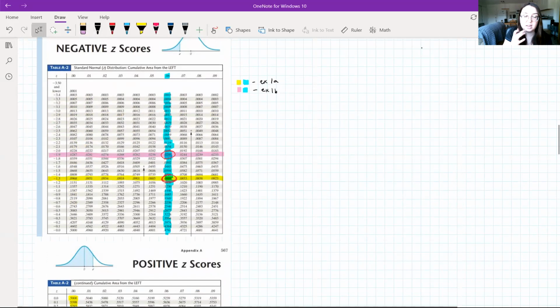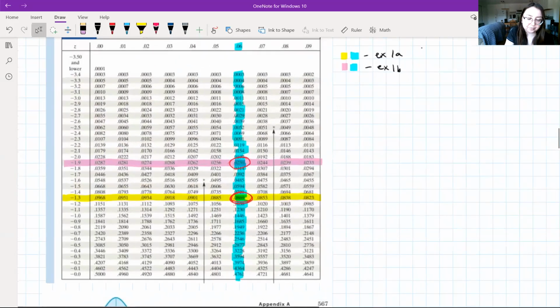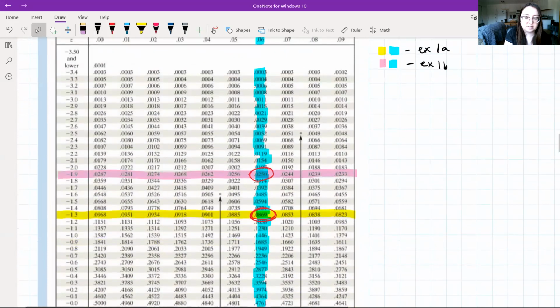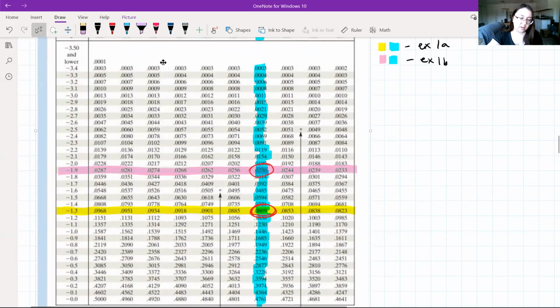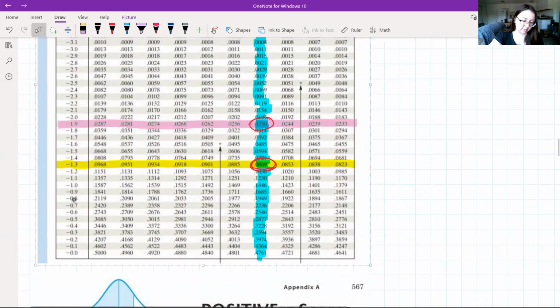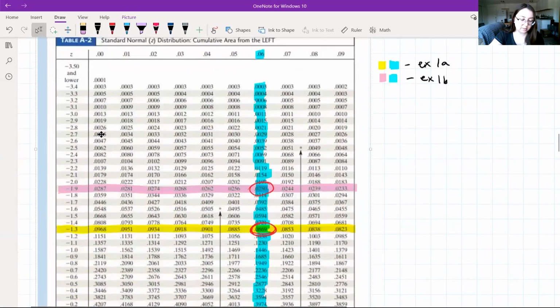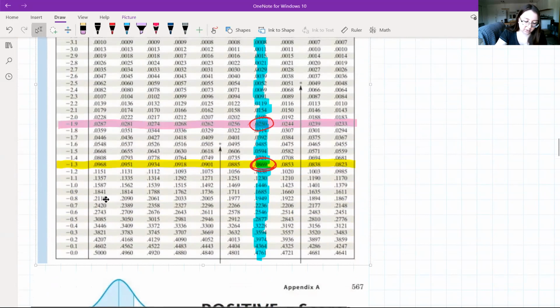We know it's going to be a negative z-score. We go down to negative 0.8, and we know this first column is 0.00. So this value right here, 0.2119, corresponds to the z-score of z equal to negative 0.80.